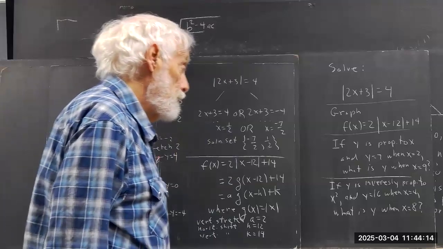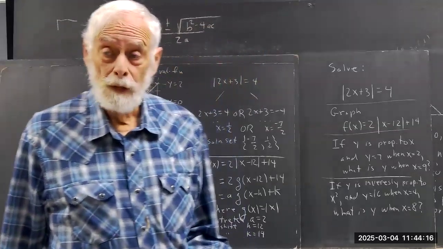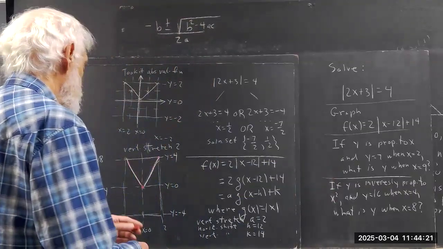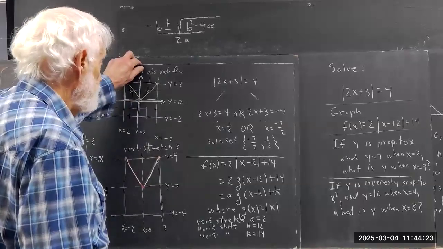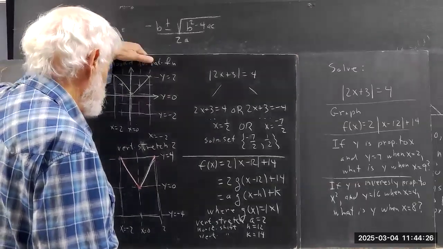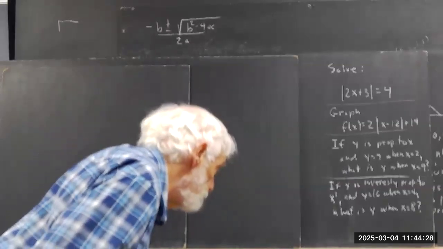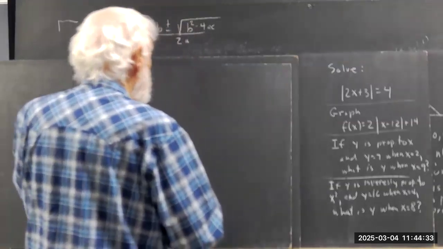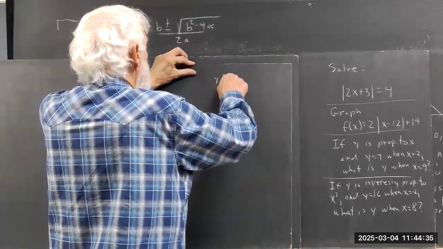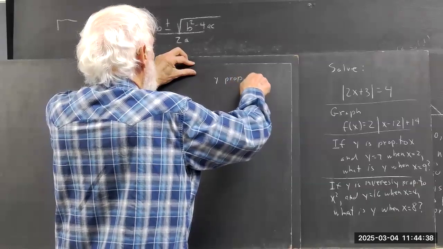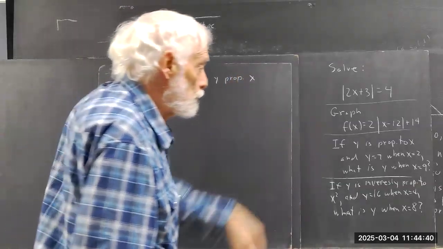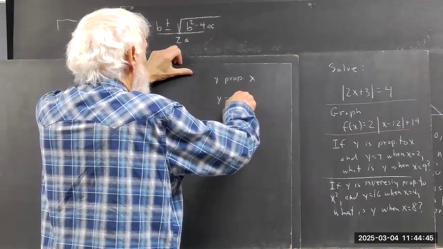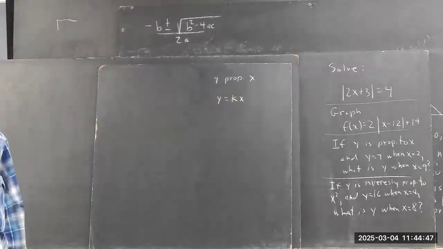Okay. Now, if y is proportional to x, you immediately write y equals kx.